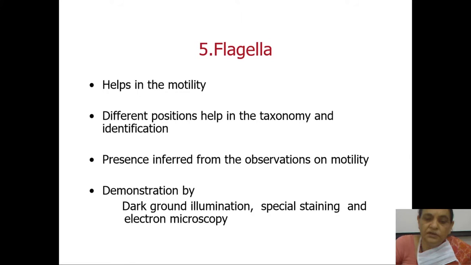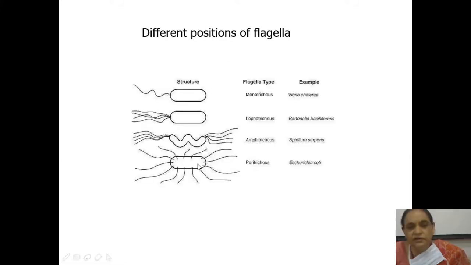These are the various positions, and the importance is only to characterize and understand the motility. For example, in Vibrio cholerae, it leads to the darting motility. In E. coli, this leads to the general motility that we see. So it's mostly for characterizing, but these are the various sites. Again, you can see them in your textbooks.